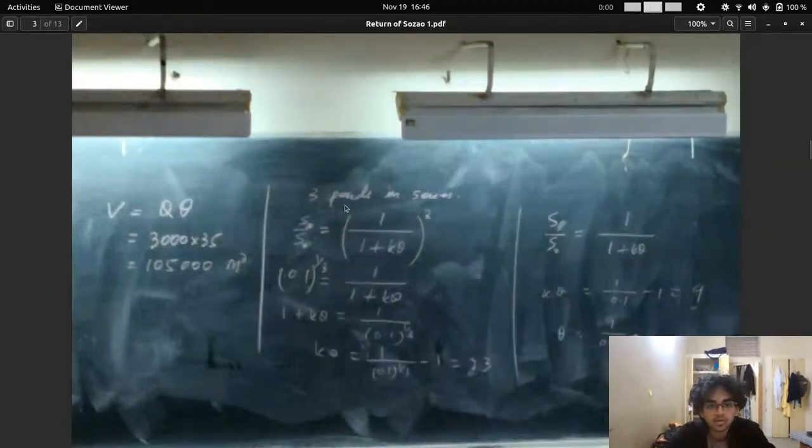Yeah. So bonds in series. Here we are working with bonds. Bonds are, we know, natural activated sludge processes.